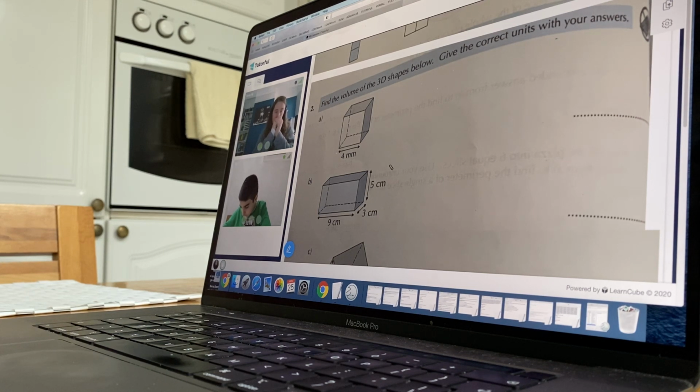So number 1 would make a cube. This one? Yes. Yeah, because 1, 2, 3, 4, 6. Yeah, and cube.